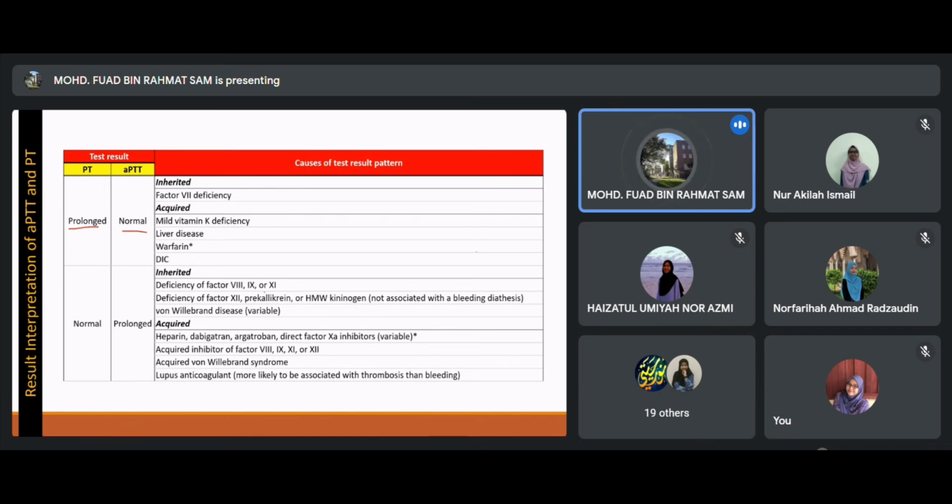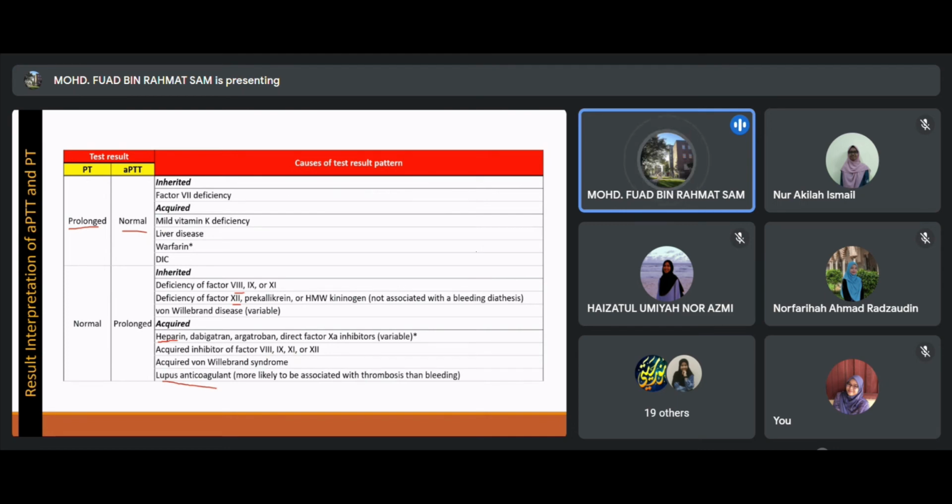Tapi kalau the patient's normal in terms of the value of the PT, but the prolonged APTT, maybe the deficiency of factor 8, 9 or 11, or maybe deficiency of factor 12, or maybe ada VWD, von Willebrand disease, or maybe ada penggunaan heparin, dabigatran, argatroban, or maybe a direct factor number 10 inhibitors, maybe it acquire inhibitor of factor number 8, 9, 11 and 12, maybe because of acquired von Willebrand syndrome, or maybe because of lupus anticoagulant.